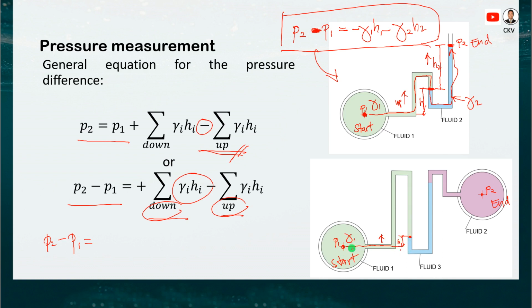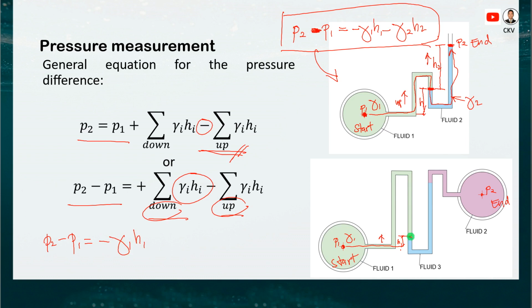We have unit weight 1. So we have the first one, the sum. This is going upward, so that's negative. Going upward, negative. Product of the unit weight of fluid 1 and H1. Next, fluid number 3.